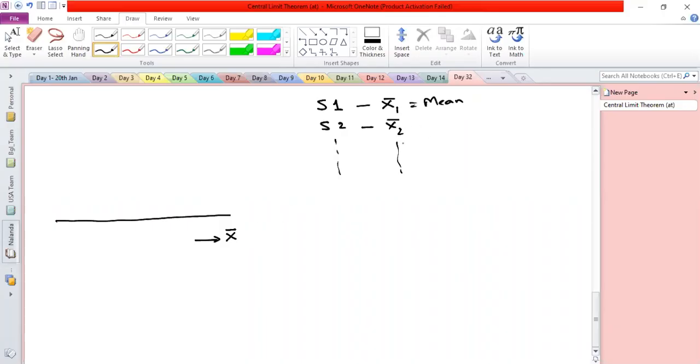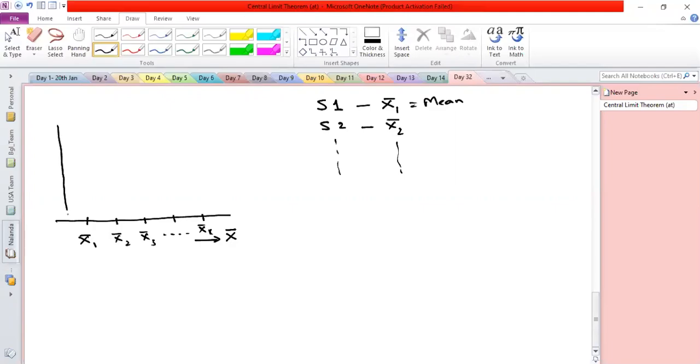X1 bar, X2 bar, X3 bar, up to Xk bar, let us assume, because there are k samples which I have collected.